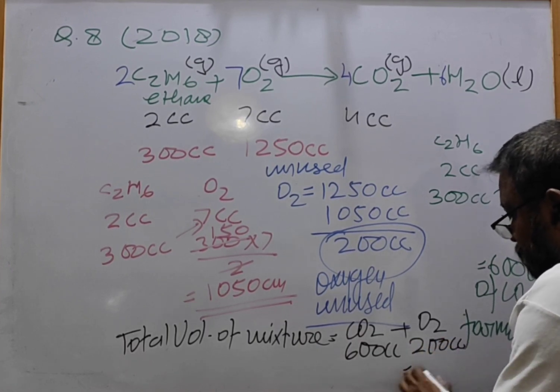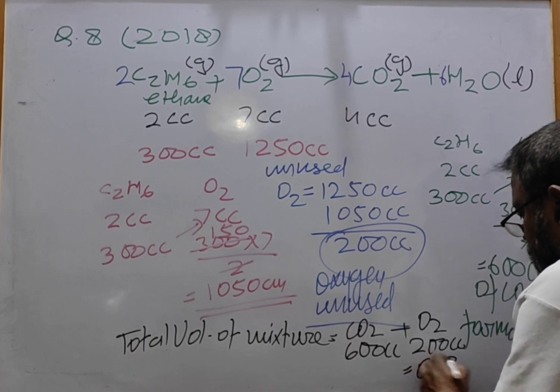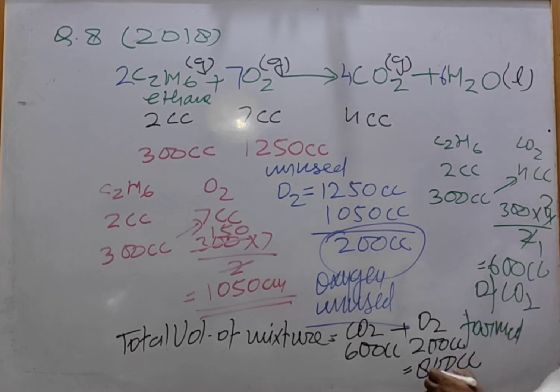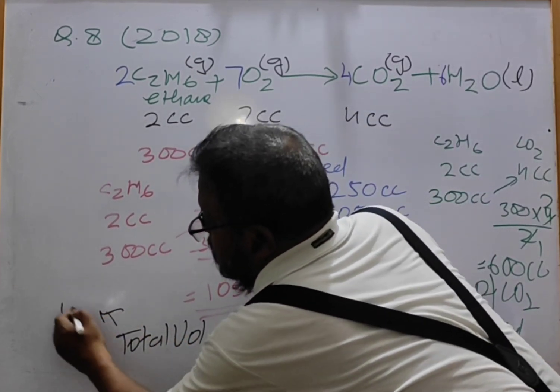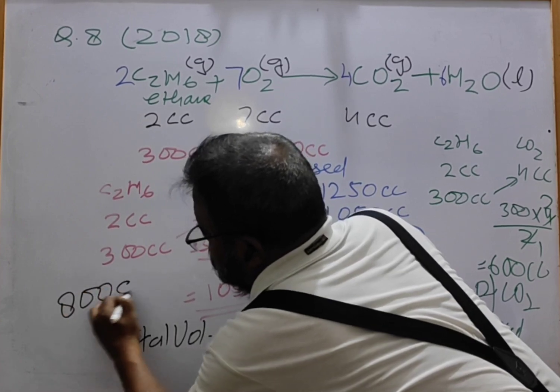Therefore 800 cc is the total volume of the mixture, right? That is 800 cc. Is it correct?